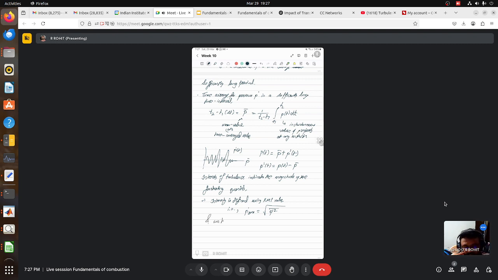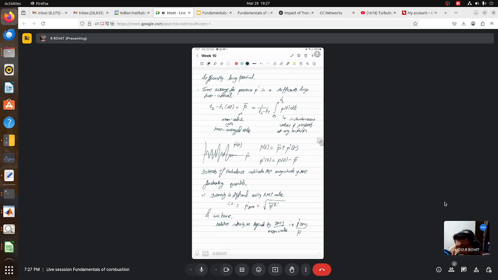And we have the relative intensity, defined by RMS by mean value, which is your P prime RMS by P bar.